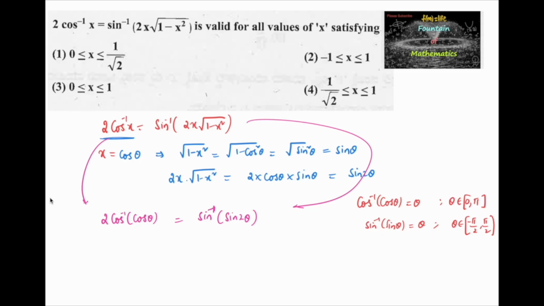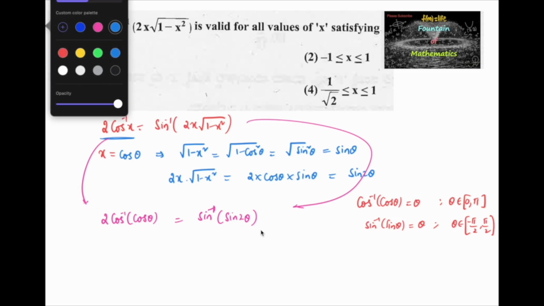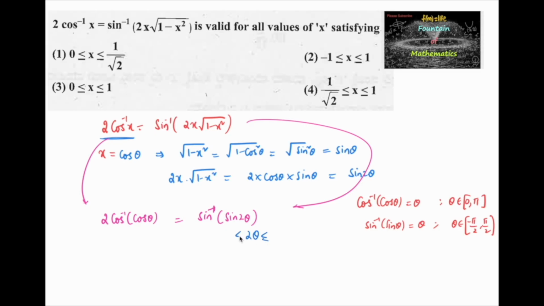So here 2 theta must belong to, or we can say 2 theta must lie between minus pi by 2 and plus pi by 2, that is theta lies between minus pi by 4 and plus pi by 4.